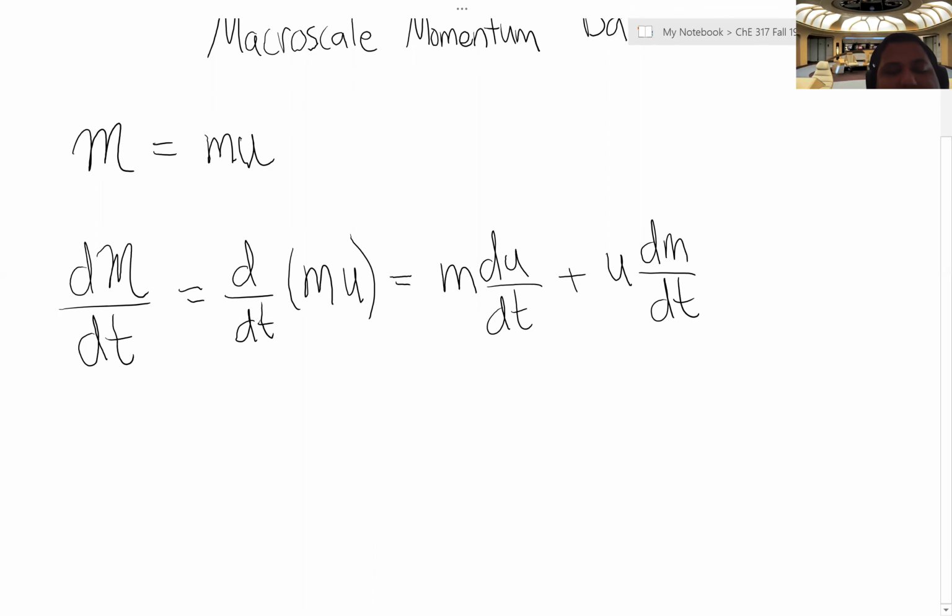Which means when I'm looking at a momentum balance and I'm considering how momentum is changing in my system, I can be looking at mass with respect to a change in velocity, or an acceleration, plus a velocity with a change in mass with respect to time of my system, which I consider as a mass flow rate at a certain velocity.